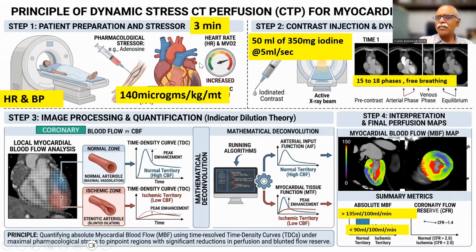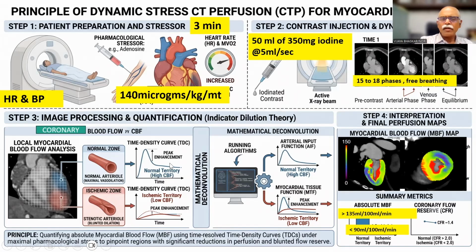Then as you achieve adequate stress with adenosine in 3 minutes, start the procedure, give contrast, 50 ml of 350 milligram iodine, 5 ml per second, acquire 15 to 18 phases, free breathing sequences in a dynamic stress perfusion.